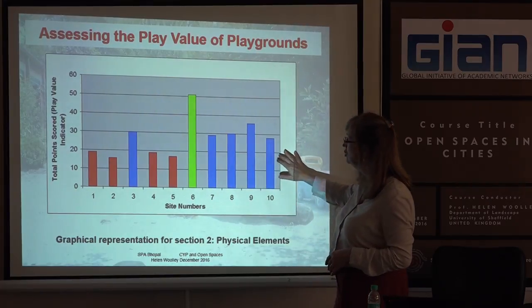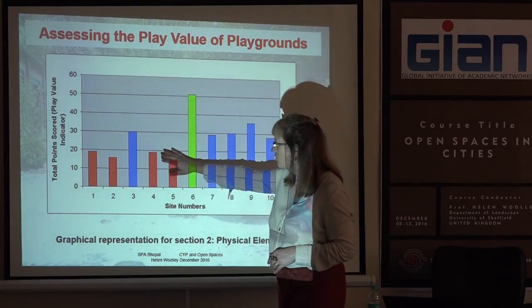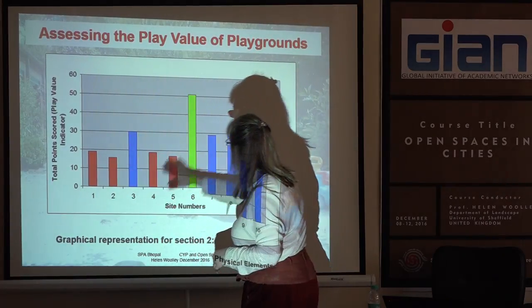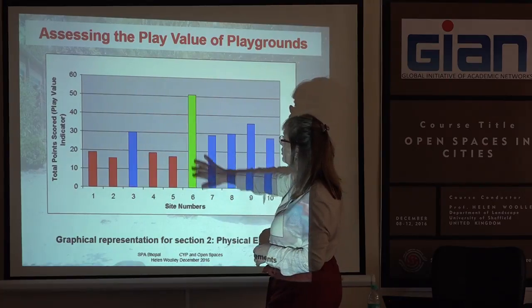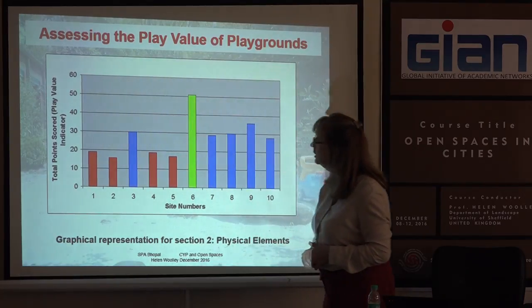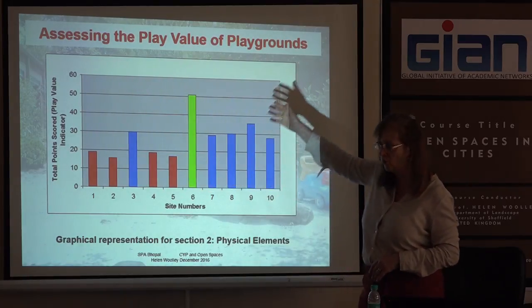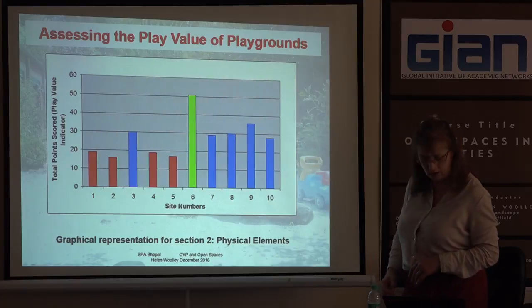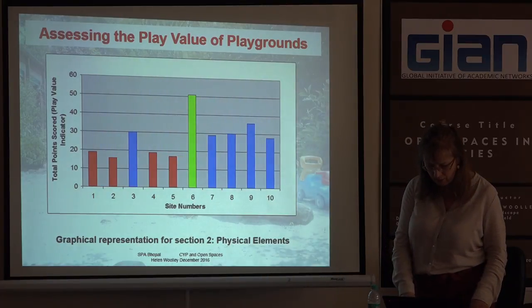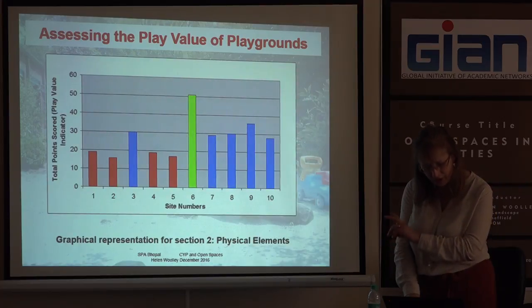And by here, you can see there's a trend coming through, and that's why these are coloured. The lower numbers are being given red, then there's blue for the mid-range scores and green for the high scores. And this, if you remember, number 6 was the one that had the most play value as well. So its physical elements were the best. Sorry, that's the physical elements, and this is the environmental.